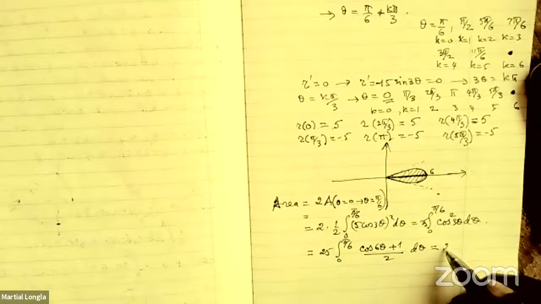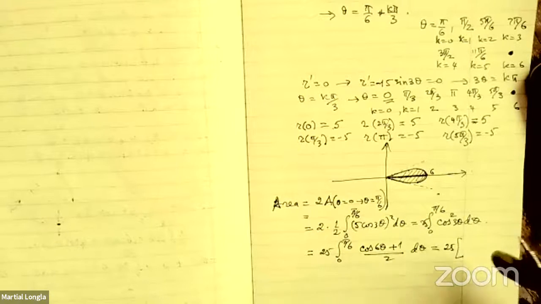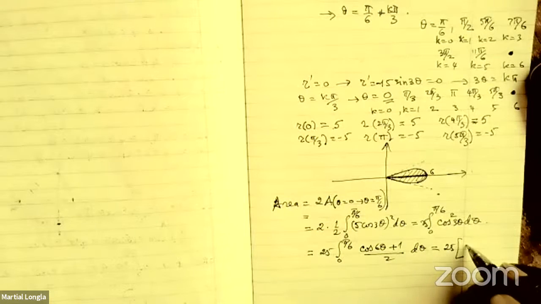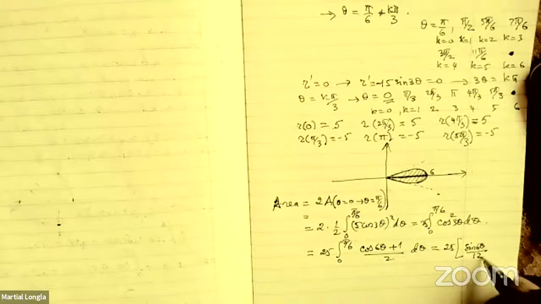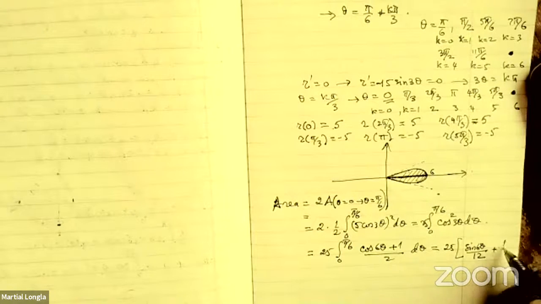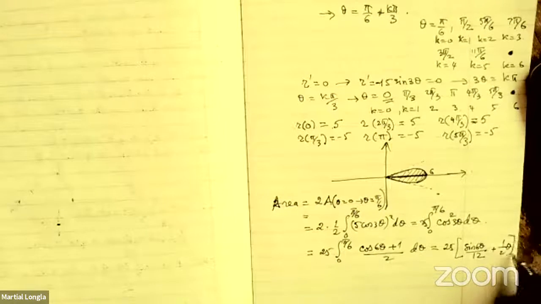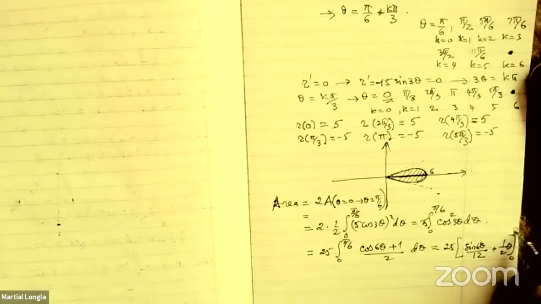So that's 25. Integral of cosine is going to be sine 6 theta over 6, and with the 2, that's over 12, plus 1/2 theta, from 0 to pi over 6.